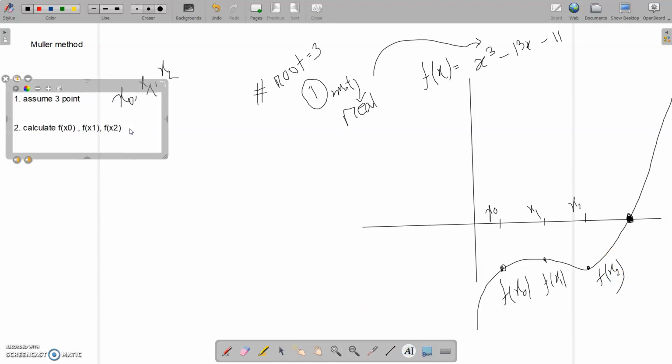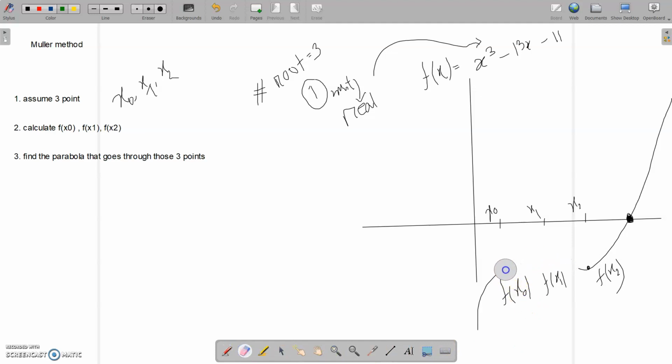In the third step, what you want to do here is find the parabola. I want to fit the parabola that goes through those 3 points. For ease of drawing, let's make it something like this.